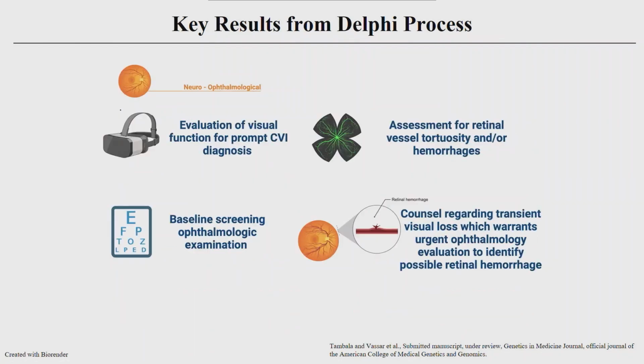In terms of neuro-ophthalmological evaluation, provide evaluation of visual function, a baseline screening ophthalmological examination, and assessment for retinal vessel tortuosity and hemorrhages, and of course counsel regarding transient visual loss, which usually warrants an urgent ophthalmology evaluation.